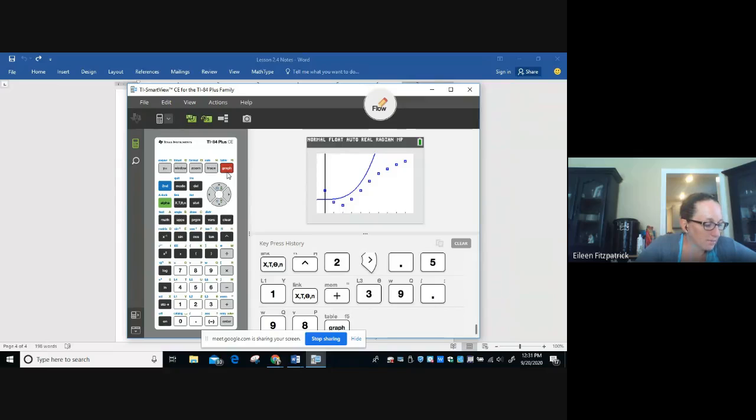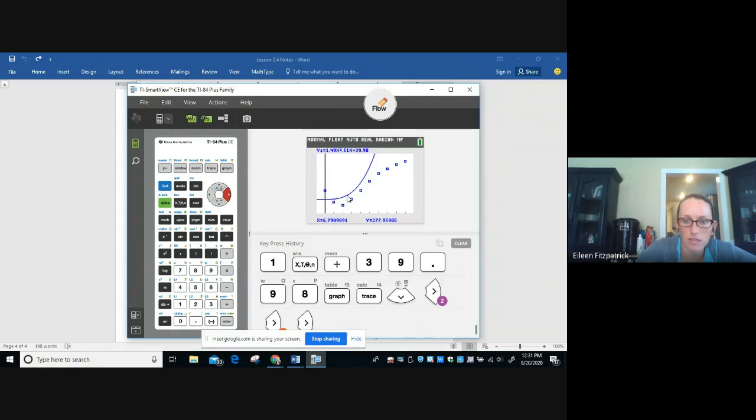And then it says use the graphing calculator. When is the budget $500 million? But since the budget is in millions of dollars, we're looking for when Y is 500. So I've never done it on the graphing calculator on the computer, but let me see what happens if I hit trace. Okay, so now on the parabola, I just use my arrow on the parabola. I'm looking for when Y is 500. So if I trace up, you can see the Y's and the X's are changing, right?